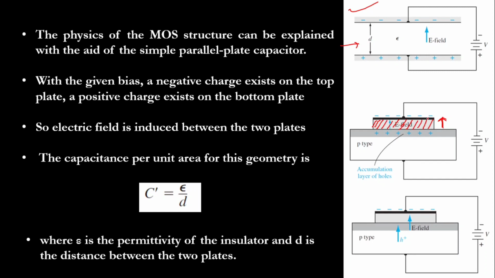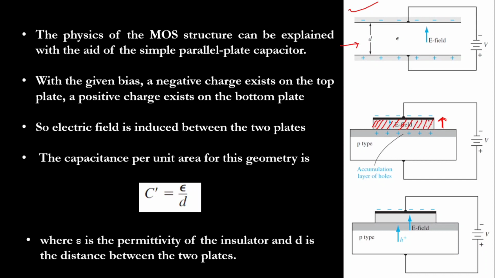Definitely we know that once this electric field is in this direction, and this is our p-type semiconductor material, the holes near the oxide-semiconductor junction experience a force that takes the holes towards the oxide-semiconductor junction.